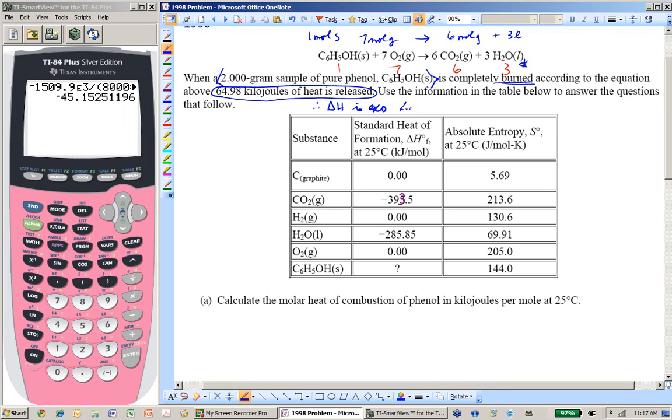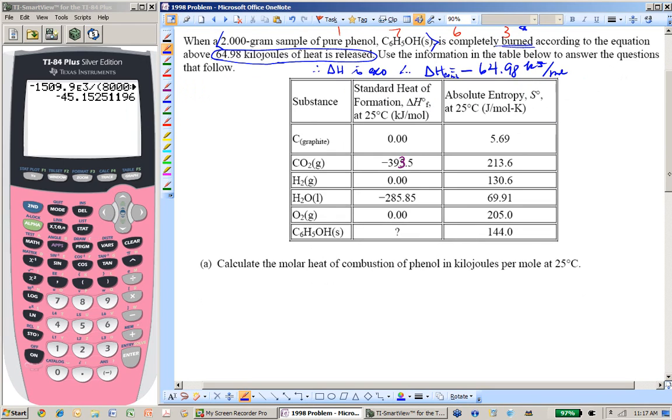Therefore, delta H is equal to negative 64.98 kilojoules per mole. And this is a delta H of combustion. Sorry, that's a little messy, but you get the idea.